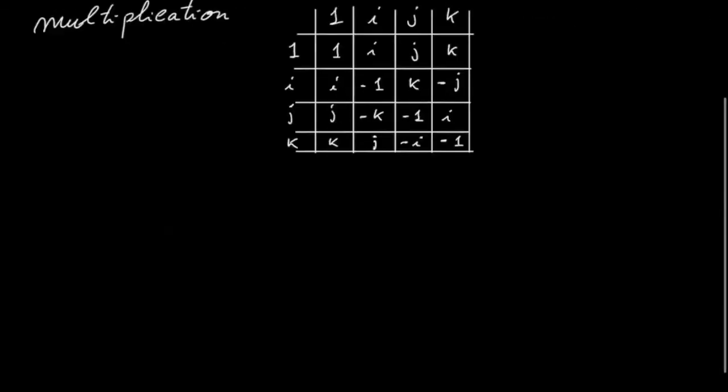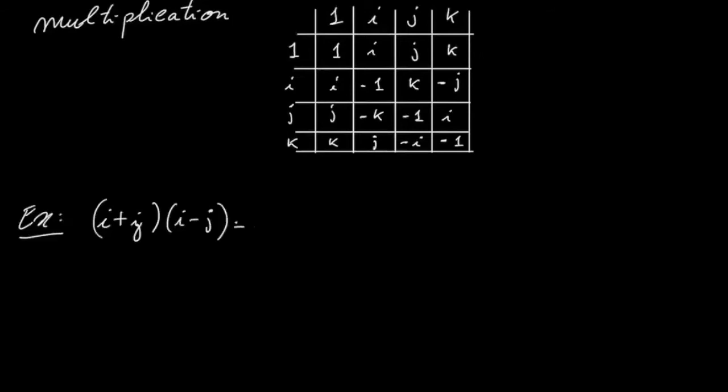So let's see an example. If we multiply the quaternion i plus j with the quaternion i minus j, what do we get? We get i squared minus ij plus ji minus j squared. So i squared is equal to -1, ij is equal to k, so we get -k.